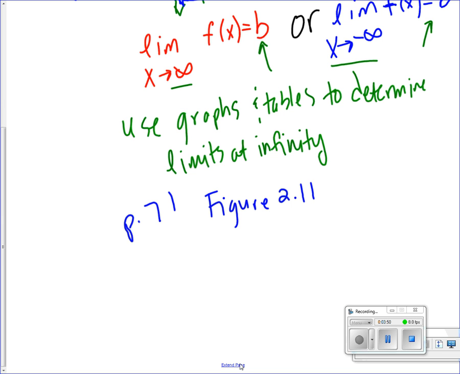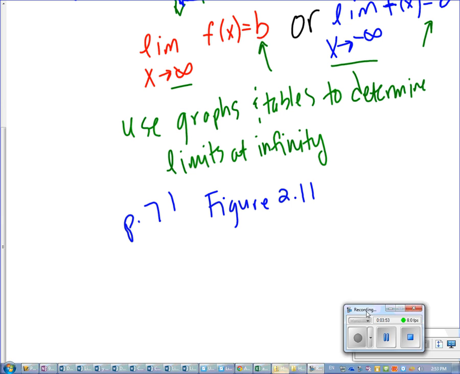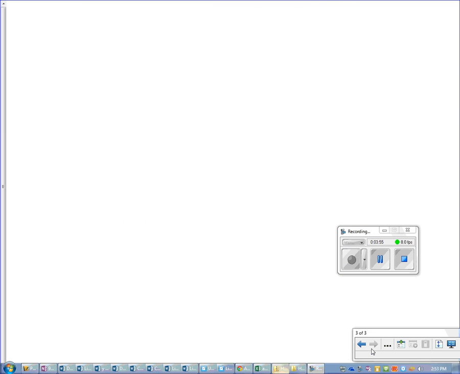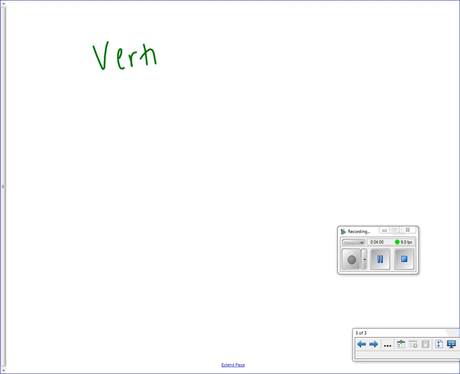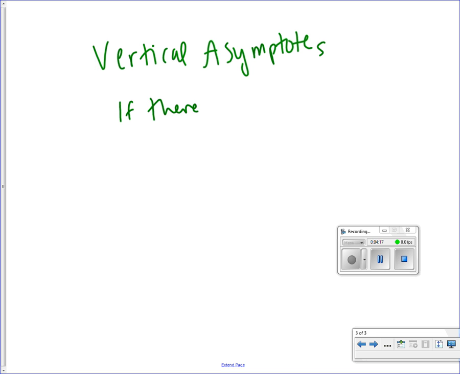Next, we're going to talk about vertical asymptotes. If you have a vertical asymptote, I'm going to abbreviate vertical asymptote, at some value a.